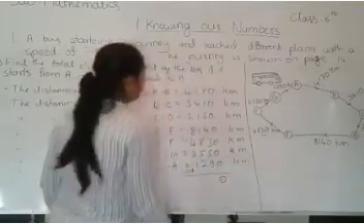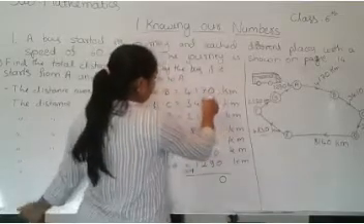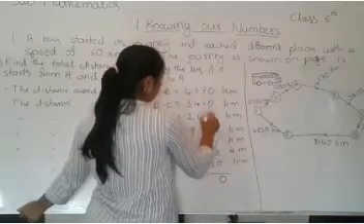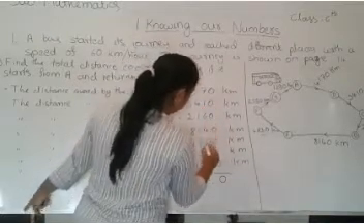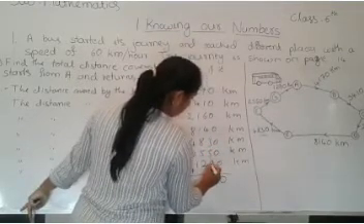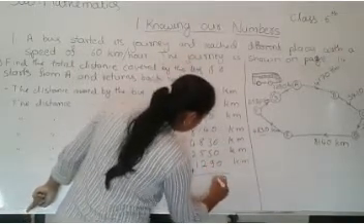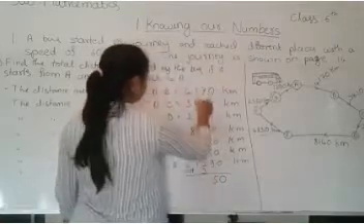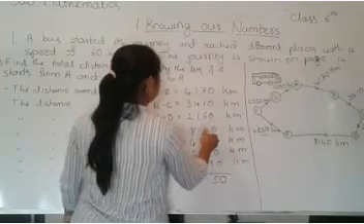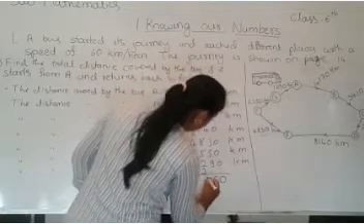Last 0, 7 plus 1 is 8, 8 plus 6. Five. Yes, 4 plus 1 is 5, 6, 7, 15, 20, 22, 25.